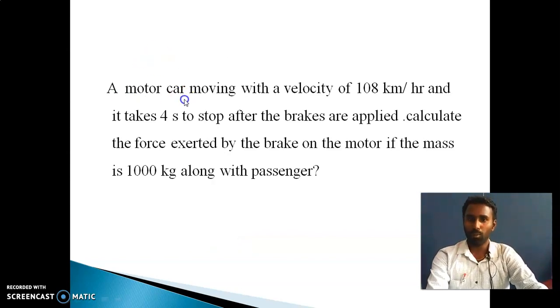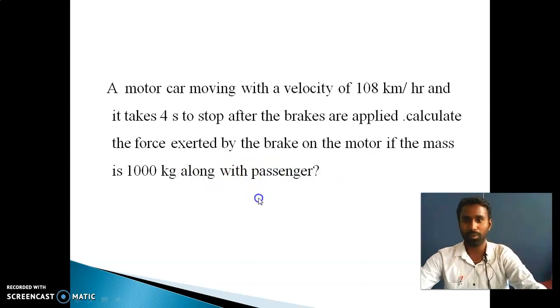A motor car moving with a velocity of 108 km per hour takes 4 seconds to stop after the brakes are applied. Calculate the force exerted by the brake on the motor if the mass is 1000 kg along with passengers.